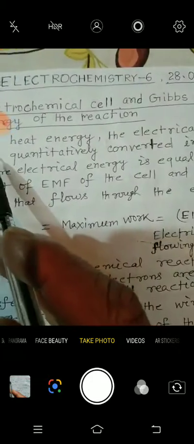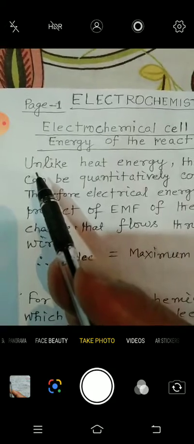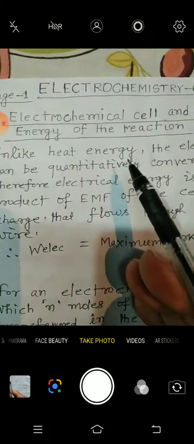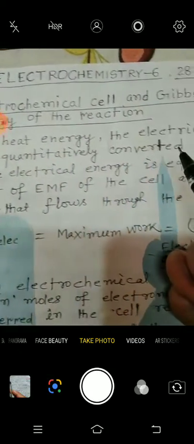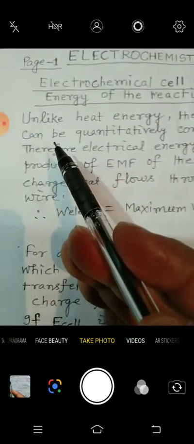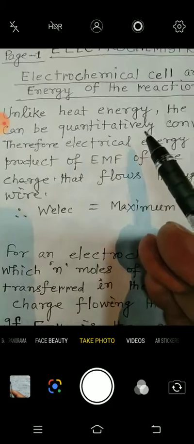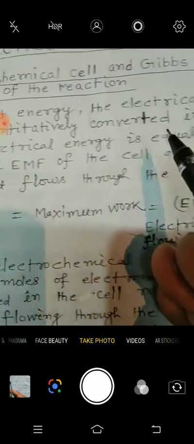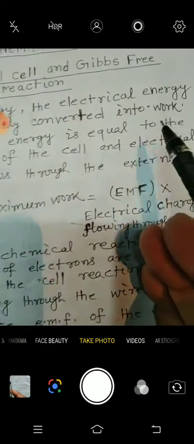Now, unlike heat energy, the electrical energy can be quantitatively converted into work.